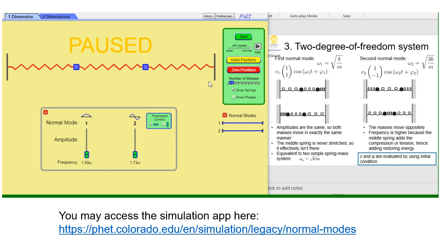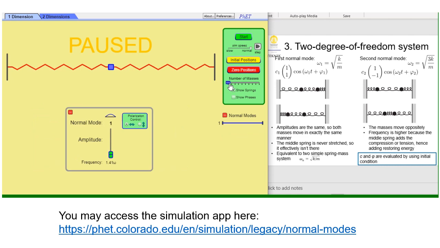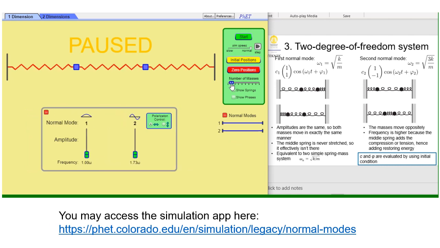You need to enable your Java, and then you can play around with, for instance, this number of masses. You can start with one and move on to two, three, and so on, but let's now stick to the sample of two masses.